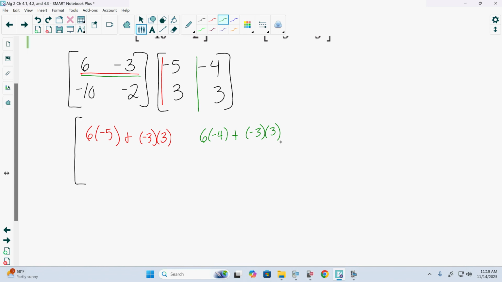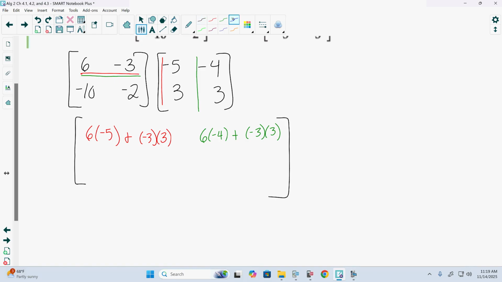Is there another column in the second matrix? We did it once, we did it twice. Is there a third column? No. So what that says is we're done with that first row. We've done every multiplication of over and down with the first row.